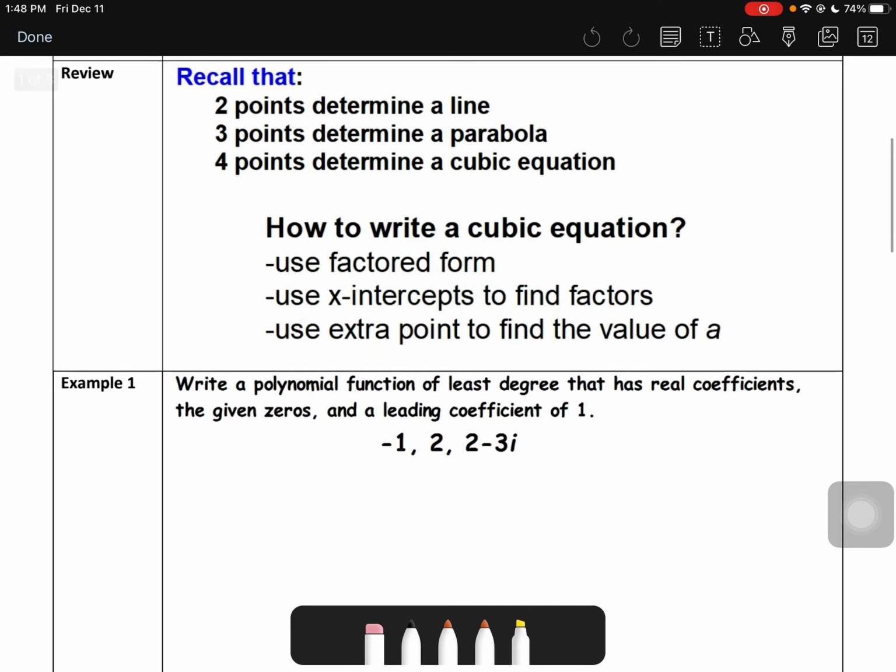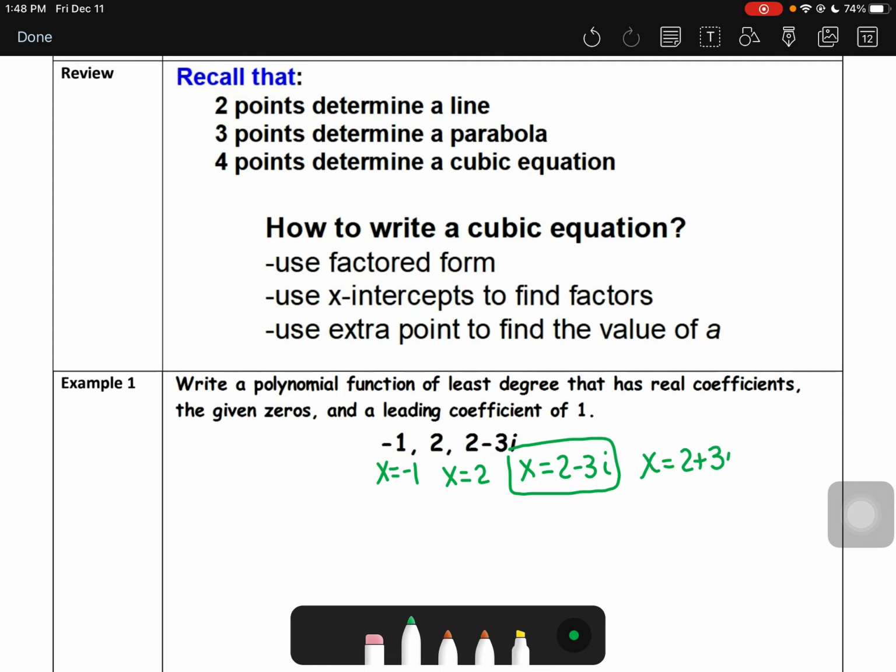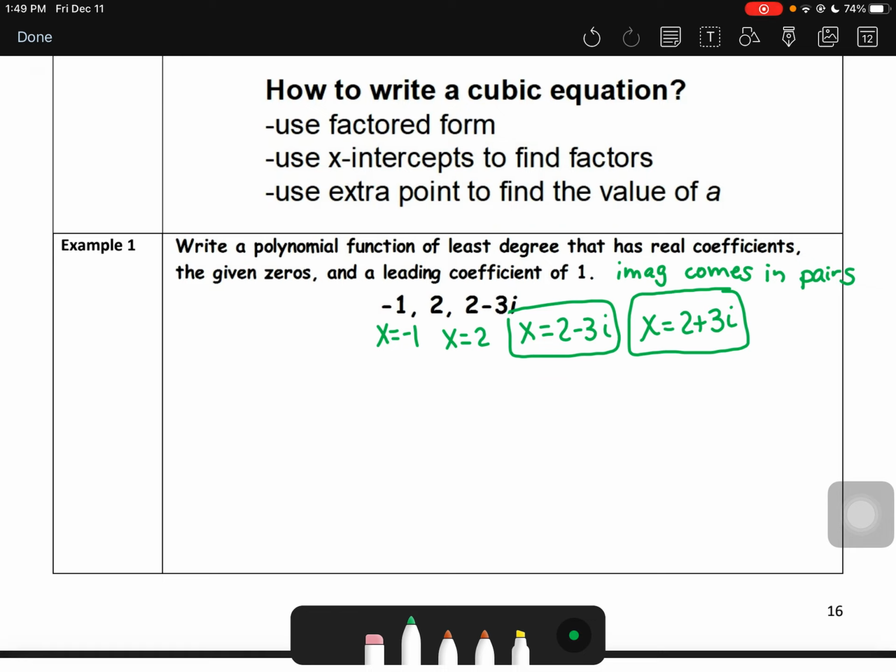We recall from our previous lesson that if we are working on this problem, these are our solutions. First of all, since one of our solutions is imaginary, we know that we also have to have another solution that is imaginary because imaginary solutions always come in pairs. In the directions we are given that we want the least degree, which means we're not going to add any more.